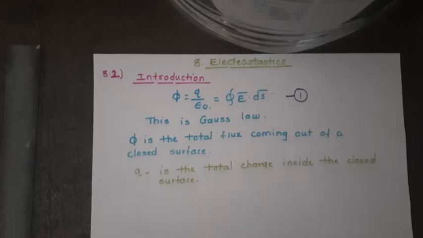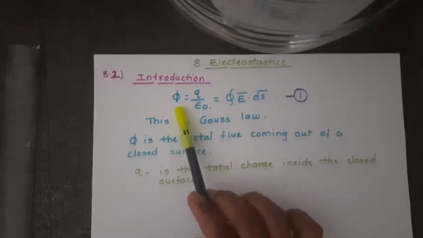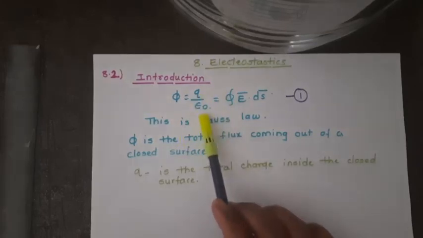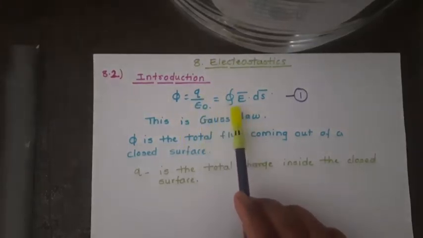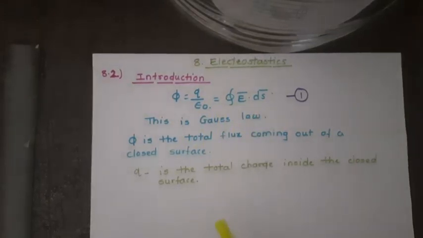In 11th standard we have studied Gauss's theorem. This theorem gives the relation between electric flux and electric charge. The formula we studied is phi equals q upon epsilon 0, which is the integration of E bar dot ds bar.